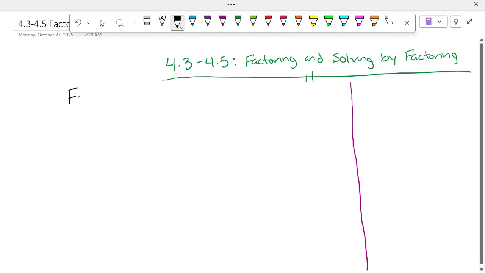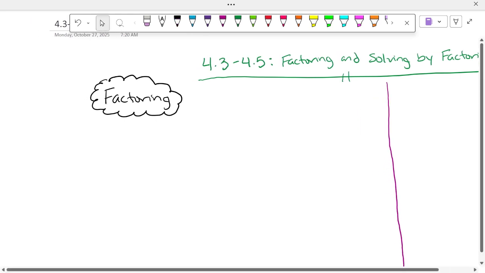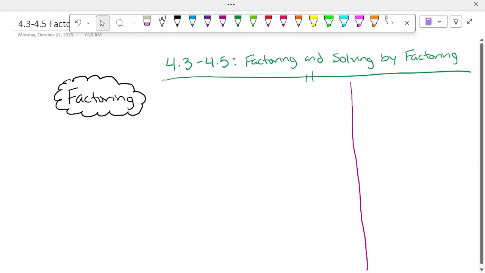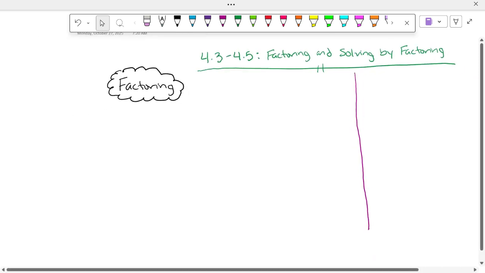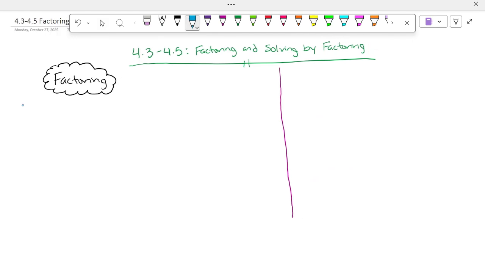So I'm going to put factoring over here. Now, since factoring wants it in steps and then an example of each, that's what I'm going to do. So I'm going to put steps over here, and then an example over here.